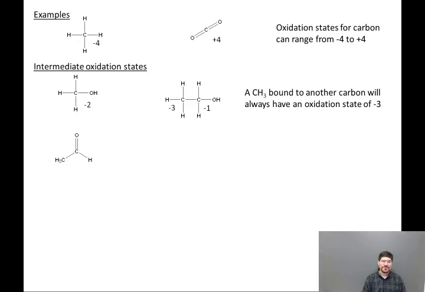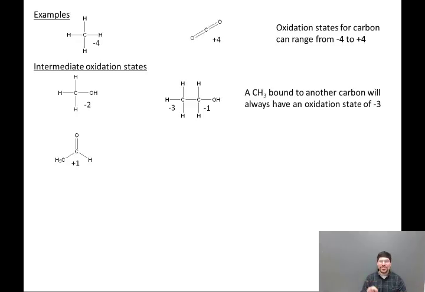Aldehyde. The CH3 we're not going to worry about. That's always going to be the case. But what about the carbonyl carbon? Now we have 1 bond to a hydrogen, which will take us down to -1, and 2 bonds to oxygen. That raises us up to +1, and the CH3 has no effect.